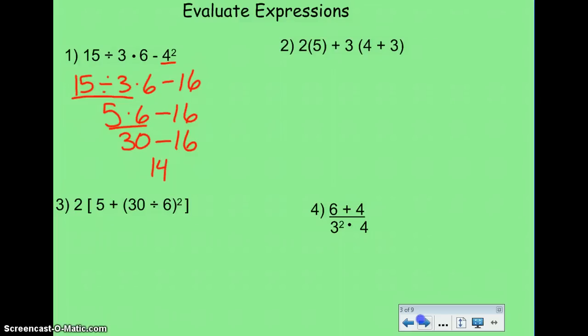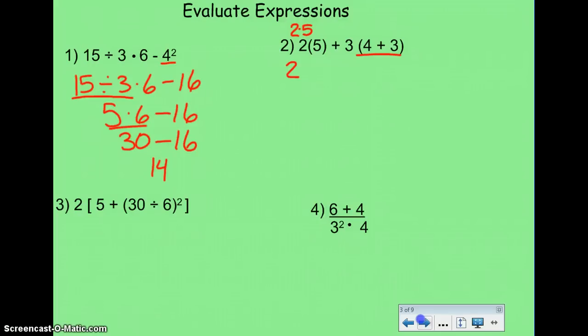As we look at example number 2, we have parentheses. In this one, I could have written it as 2 times 5 using a dot. With the computer, it's easier for me to use parentheses. I'm going to leave that alone, and I'm going to tackle the 4 plus 3 first.